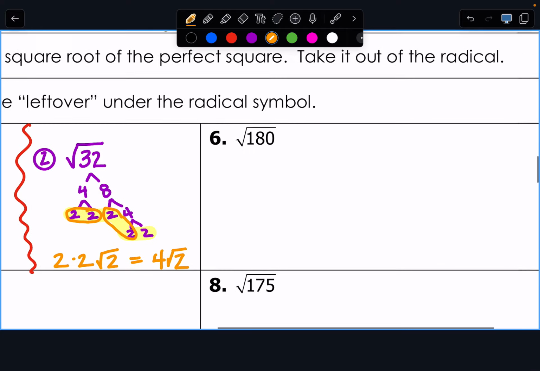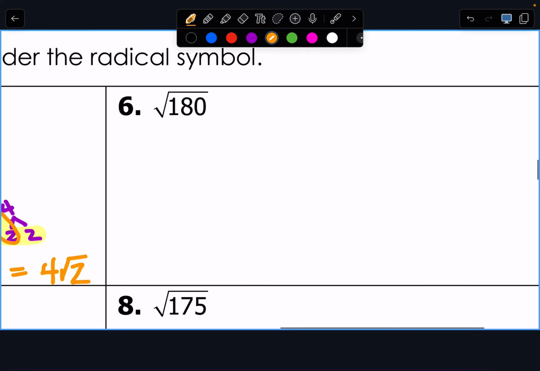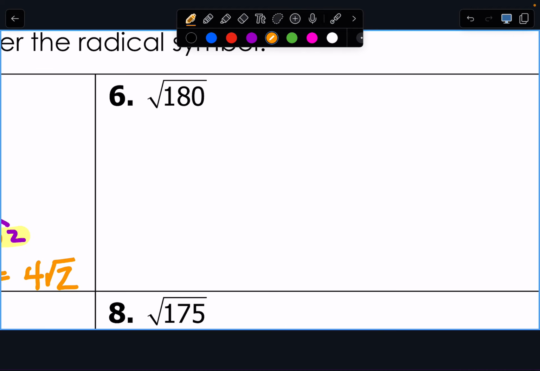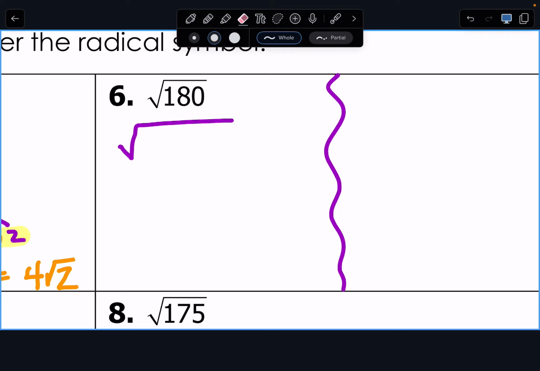So the square root of 180. Can anybody figure out a perfect square that divides into 180? 9. Okay, but it's not the biggest one. Use your calculator.